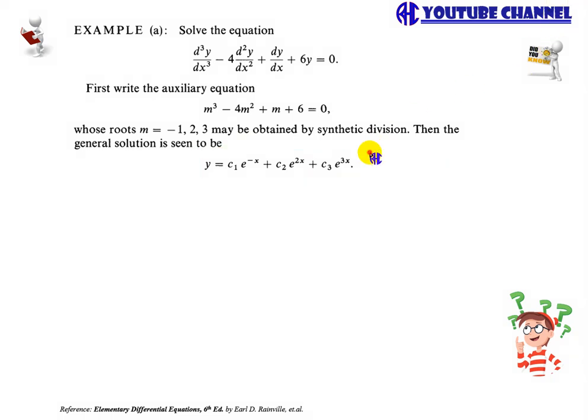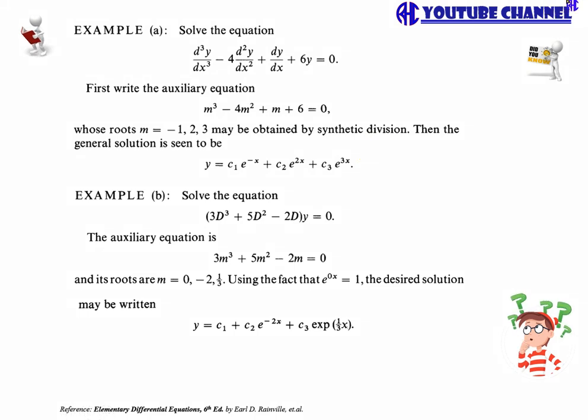Okay, let us do another sample. Here, it already uses the differential operator. 3 times the quantity 3d cubed plus 5d squared minus 2d, times y, is equal to 0.